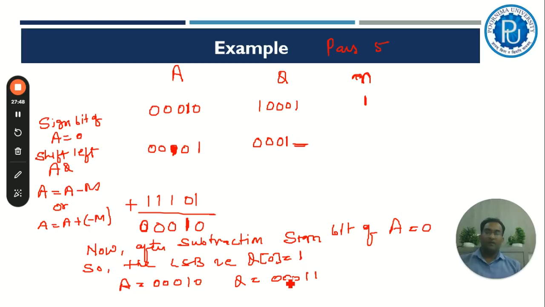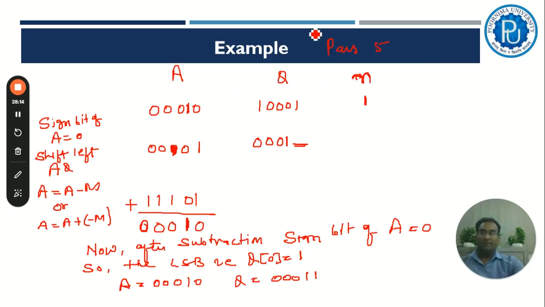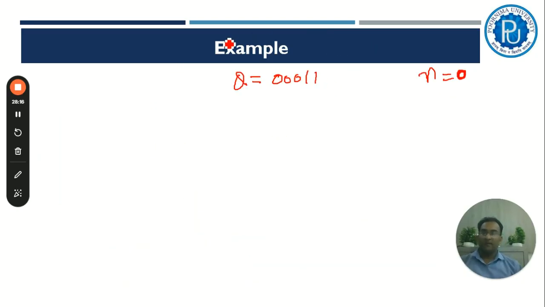Now in the next step, the value of n will be decremented. So when you decrement it, the value of n will become 0, so we don't have to repeat the steps there. Now we will stop this algorithm. Q is holding 00011, and A is holding 00010 there.